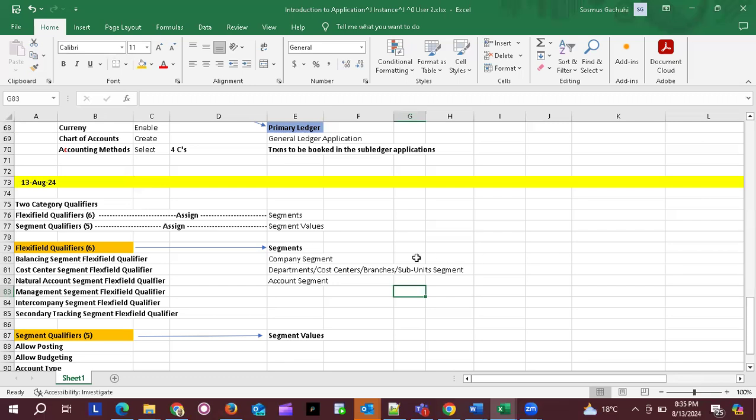Correct. If you happen to be asked, what is the balancing segment for a certain company? For instance, the company segment has been assigned the balancing segment Flexfield qualifier. What is the balancing segment for that company? Is that question clear?